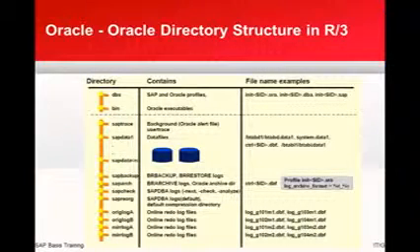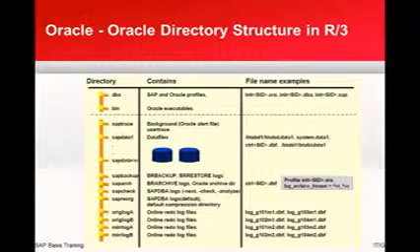Then you have SAP data 1, 2, 3, 4 depending on the actual data. Then you have the SAP backup directory, which is used by the BR backup and BR restore logs. You have the SAP arc for the BR archive logs. Then you have the SAP check, just for checking and analyzing.